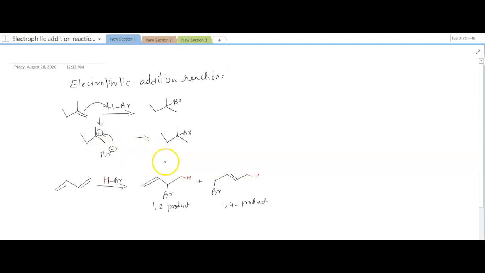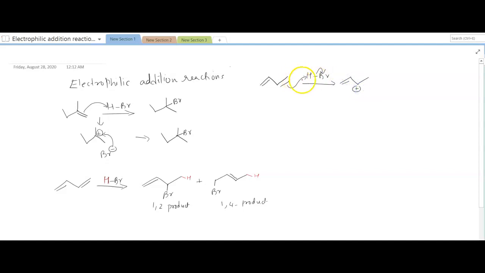All right, so let's write down the mechanism on this side. Let me use the black pen. The mechanism of the formation of these two products can be shown with the first step. This is a symmetrical alkene, so we can use any of these double bonds. Say the double bond here attacks the hydrogen, resulting in the formation of a carbocation here.